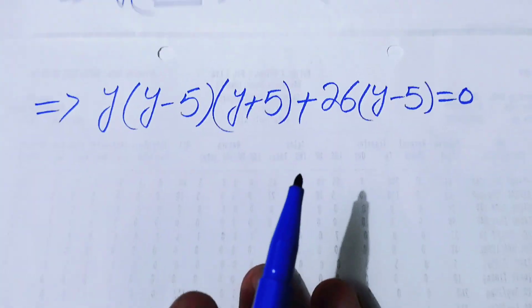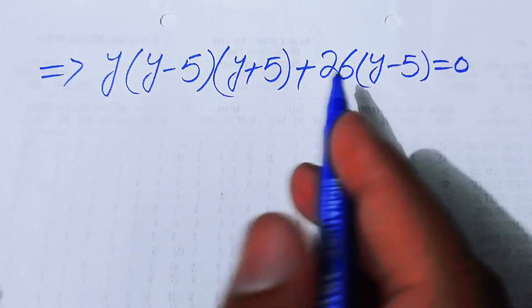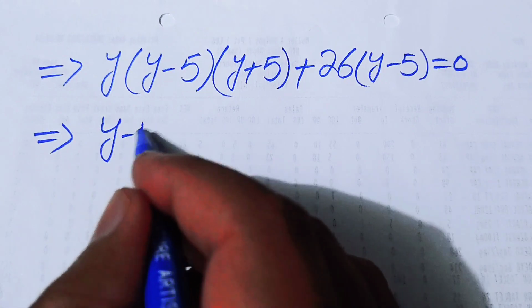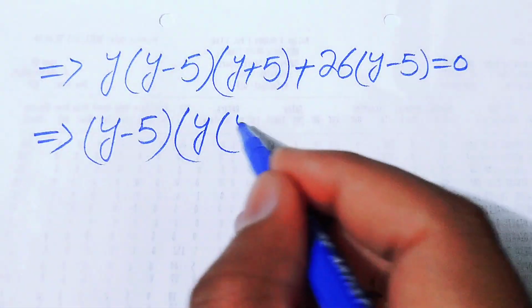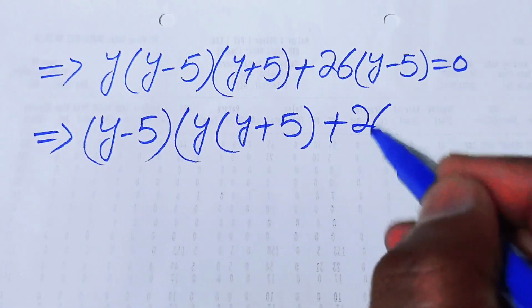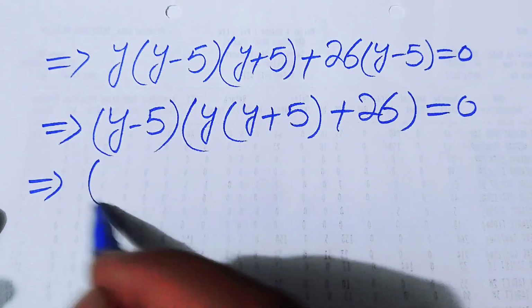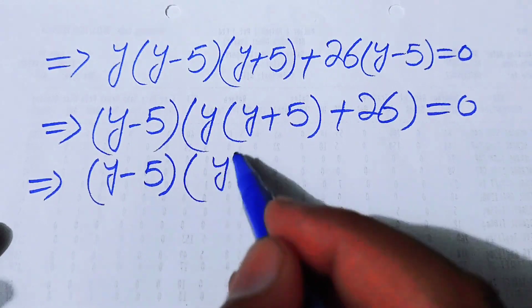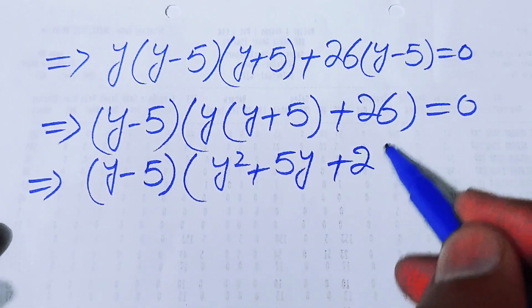And here you see that y minus 5 is a common term, so we take it common and we get (y minus 5) times [y(y plus 5) plus 26] is equal to 0.